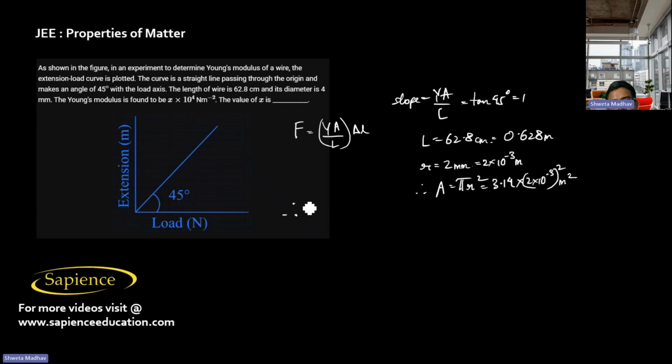So therefore now YA by L will be equal to, so Y is x into 10 power 4.